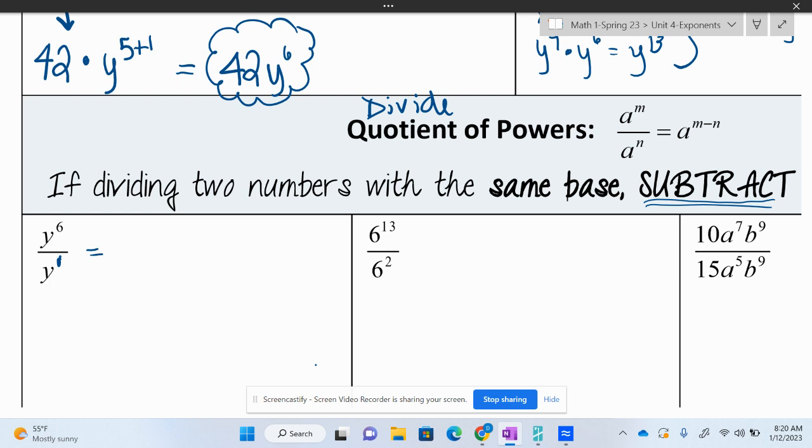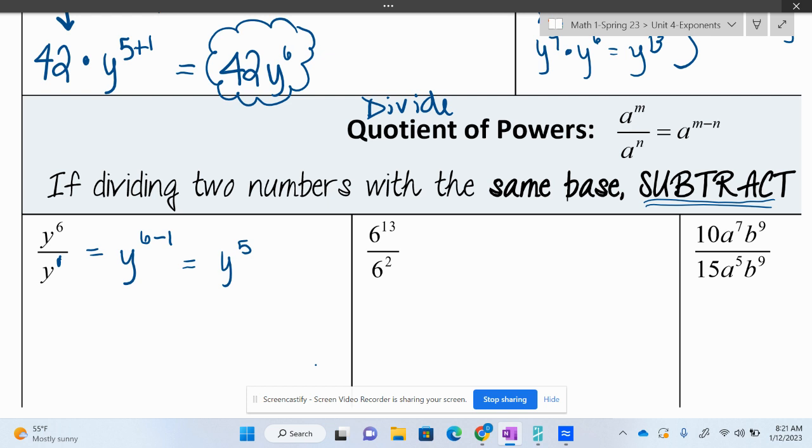So the rule says that if I'm dividing powers, or dividing numbers with the same base, I take the exponents and I subtract them. So it becomes y to the 5th.